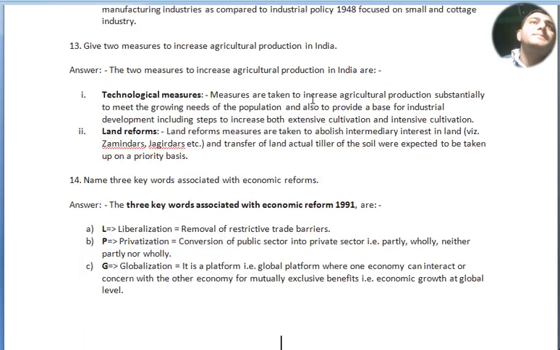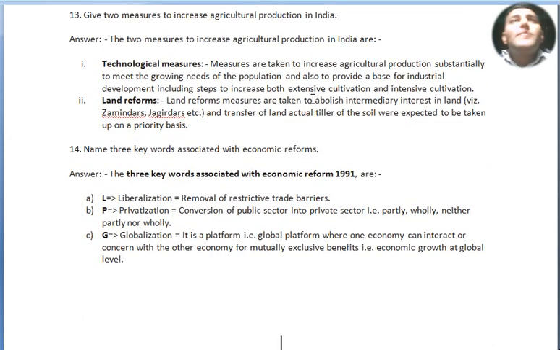Number 13. Give two measures to increase agricultural production in India. The two measures to increase agricultural production in India are: point number 1, technological measures. Measures are taken to increase agricultural production substantially to meet the growing needs of the population and also to provide a base for industrial development, including steps to increase both extensive cultivation and intensive cultivation.